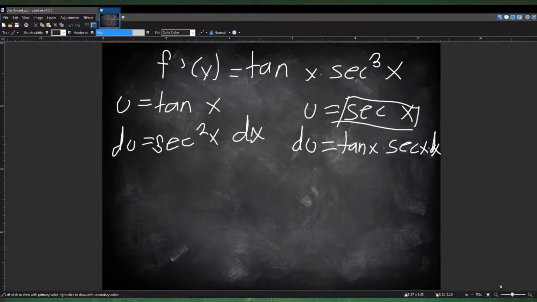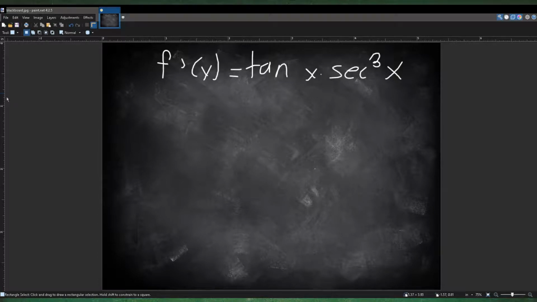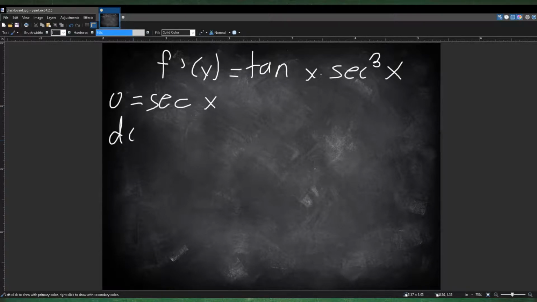So what I mean is, let's delete this. We set our u to be secant of x. We have du equal to tangent x times secant x times dx, because the derivative of secant of x is tangent of x times secant of x.